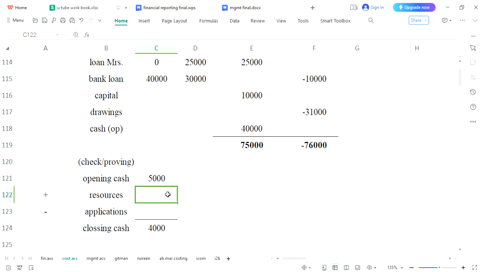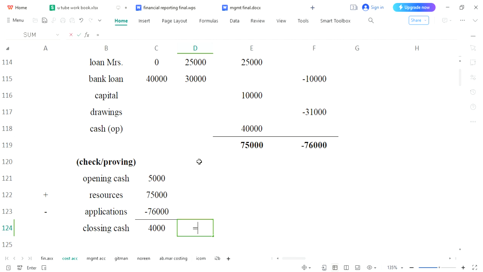So this is your check and proof, and now we are going to prove it. Our total resources were 75,000 and total applications were minus 76,000, and here you can calculate opening cash 5,000, add your resources, that means 75,000, and subtract 76,000, your applications, and you have got the same answer.